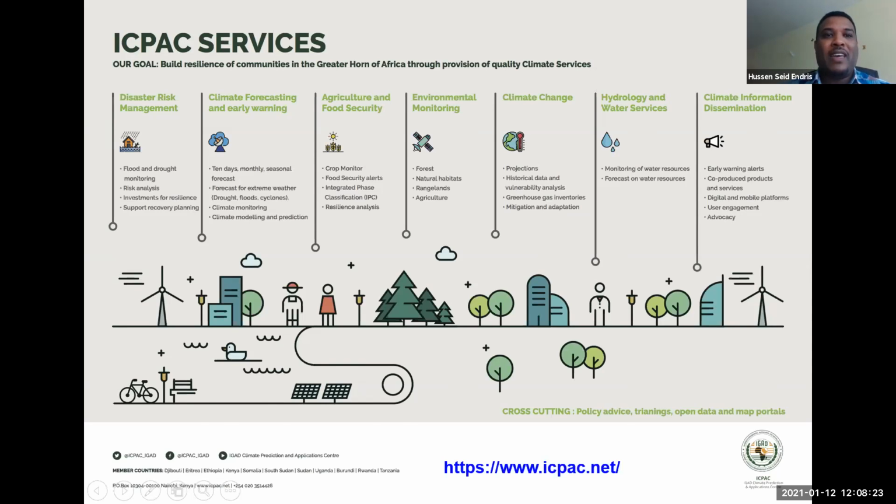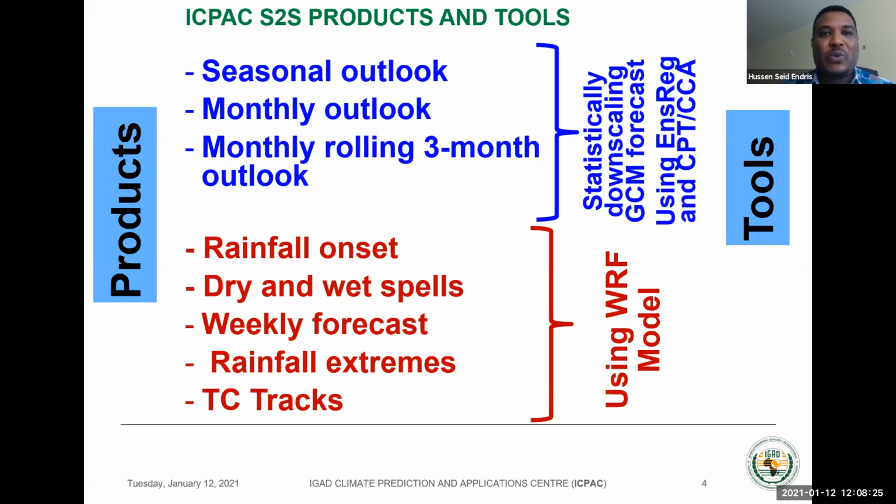In terms of the S2S timescale, we use different tools and products on seasonal, monthly, and weekly timescales. We use the global climate model outputs, and we statistically downscale them at a regional level. Then we also run the WRF regional climate model and produce different climate products on shorter time scales.